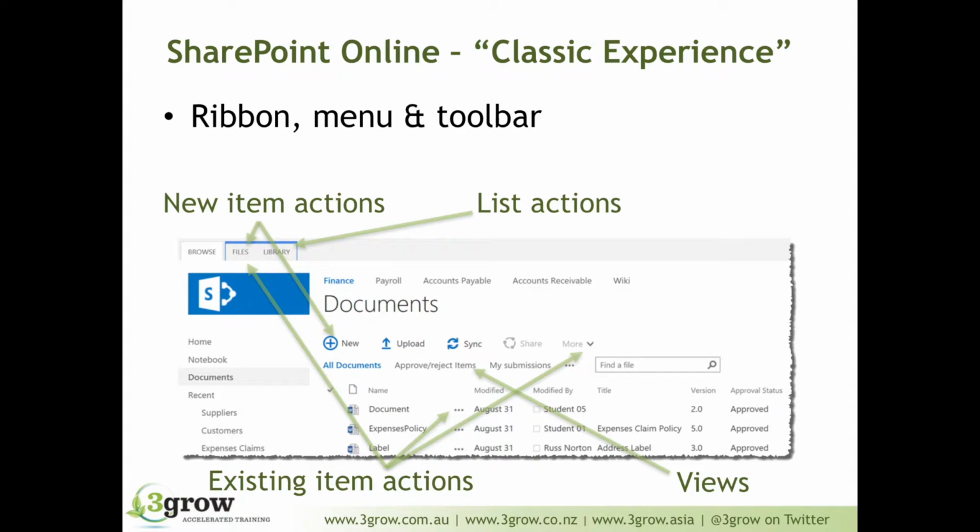What I think happened here is that people tended to be a bit confused by the ribbon, or often maybe didn't even see the ribbon at all, because by default, if we open a list or a library, the Browse tab of the ribbon would be the one that's selected, meaning that the actual actions we use to create and edit the items within that list or library are hidden by default. Therefore users weren't necessarily able to find those without having been given a bit of guidance and training in the first place.